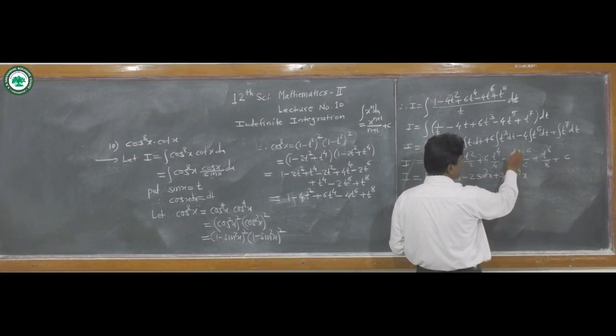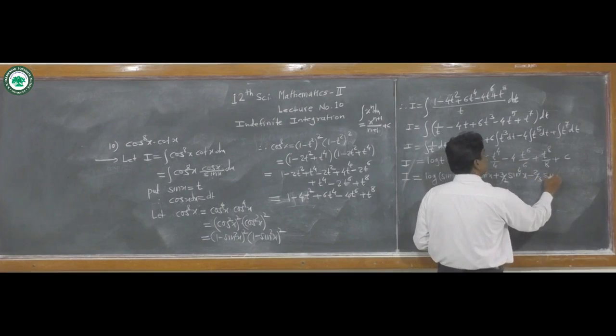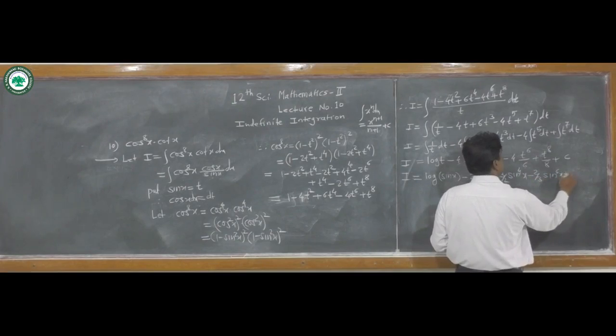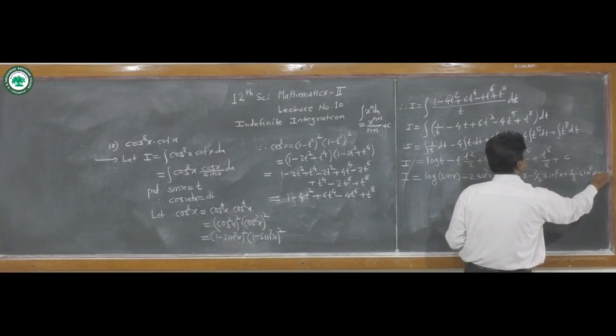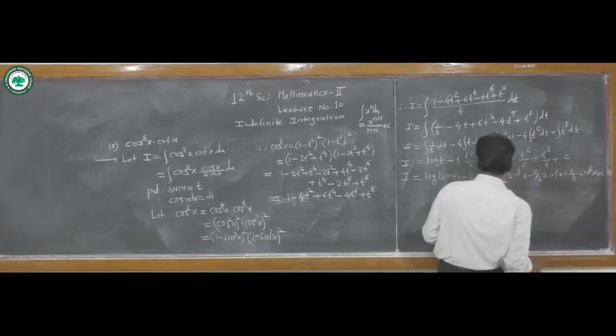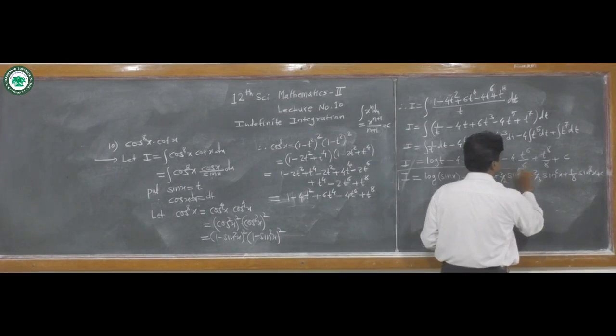Here also 2 to the 4 and 2 3 is 6, so minus 2 upon 3 sin to the power 6x, and plus here 1 upon 8 sin to the power 8x plus constant of integration, and this is the final solution for this problem.